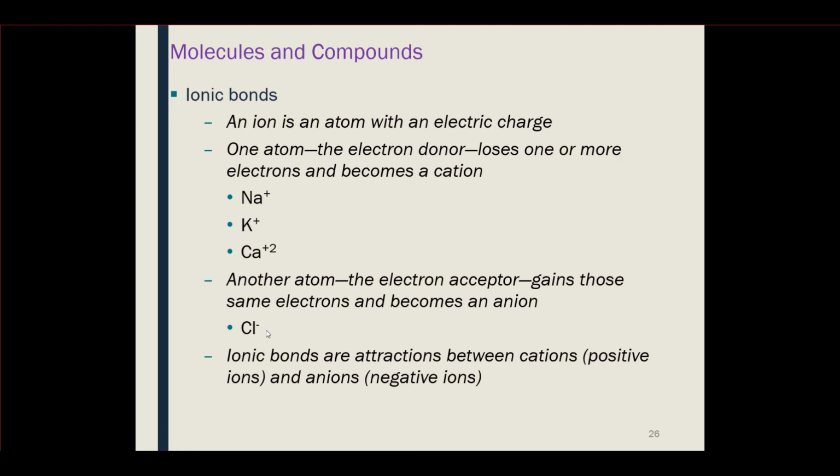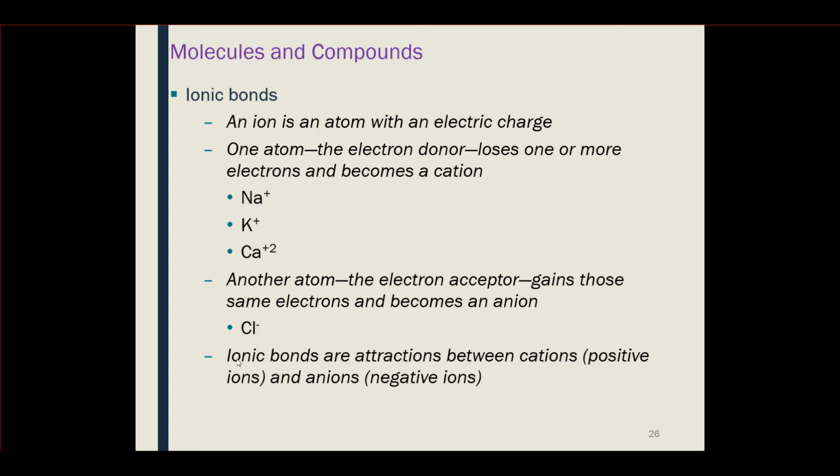So here's the deal. If we were to take sodium and then put it in the proximity of chloride, sodium would give up the electron. Who would pick it up? Chloride. And what's the deal? A positive is going to be attracted to a negative, right? The rule is always opposites attract. So now we're going to get this bonding because the positive is attracted to the negative.